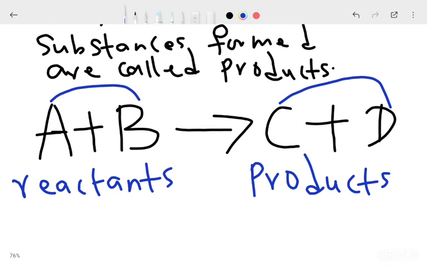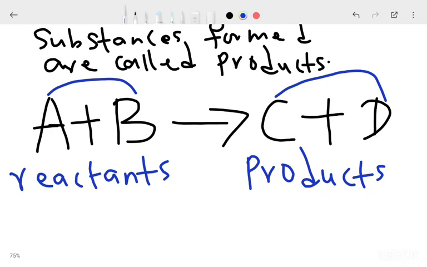It can be two, three, four, depending on the type of reaction that is taking place. So it's not compulsory that it must be two reactants. But the main thing here is the ones that are reacting on the left side are called the reactants, while the ones that are being formed on the right side are called the products. They are the new substances that are being formed from the reactants.